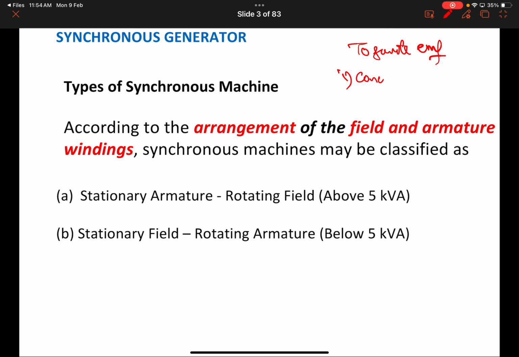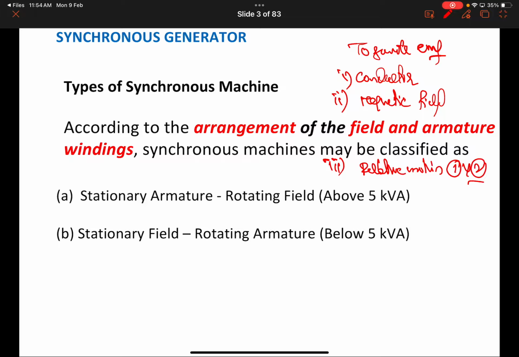One is a conductor, second is a magnetic field, and third is relative motion between the two. With relative motion, I can generate EMF either with the conductor rotating and the magnetic field static, or the magnetic field rotating and the conductor static.